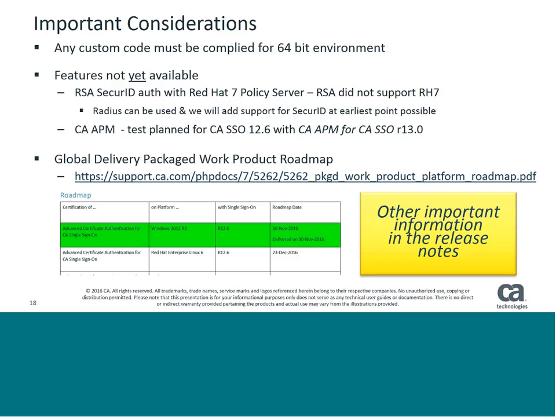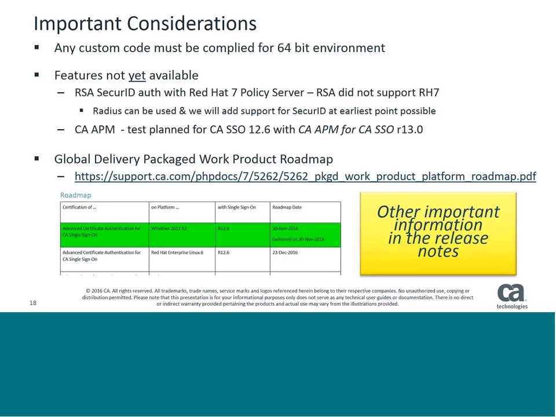I know that's one of the areas of the tech info which probably doesn't get as much attention as it should, but it's really going to be important to look at that. But there are a couple of things that I did want to specifically point out. One is that custom code that you may have: when you go to 12.6, you're going to a 64-bit implementation.